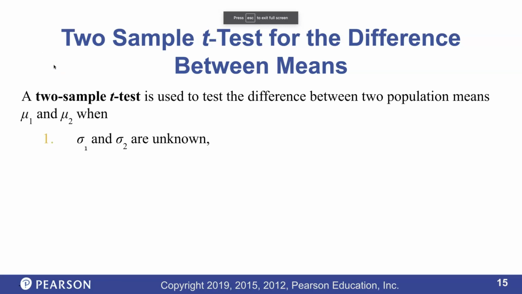So when the population standard deviations are unknown, we're going to use a t-test, okay? Samples, of course, have to be random. If the samples were not random, we cannot make a conclusion about the bigger population. So it has to be random.